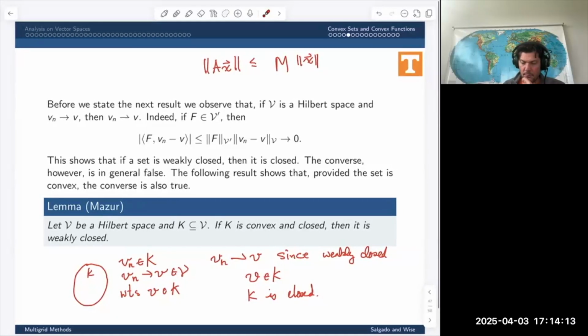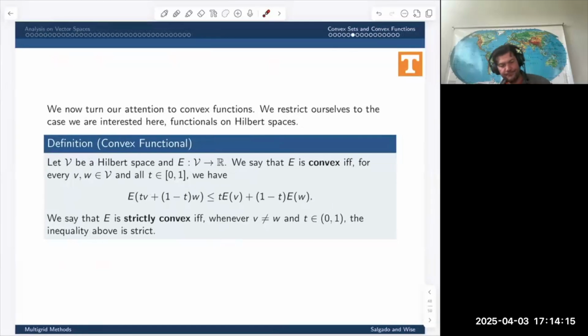There we go. All right, so now convex functionals. This definition here is analogous to the picture that I drew previously. We say a nonlinear functional from a Hilbert space into R is convex if and only if the secant line is above the curve.